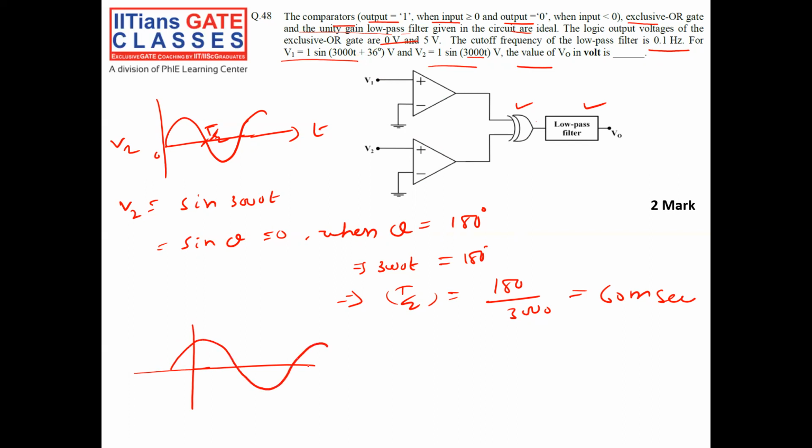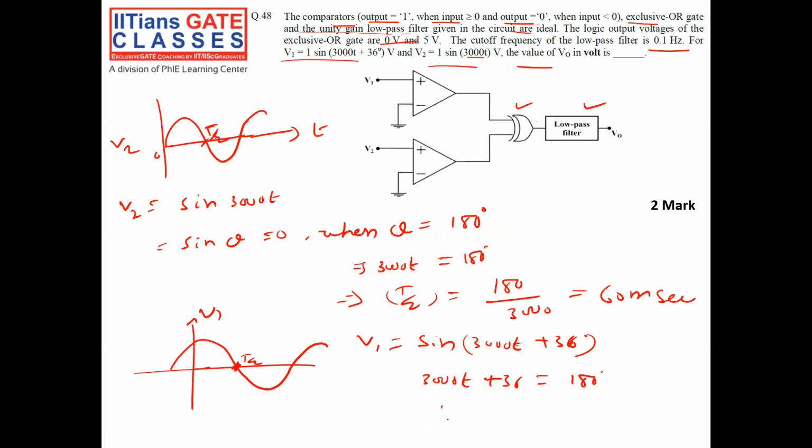It continues like this, right? This is V1. So V1 is equal to sine 3000 t plus 36 degree. So it will be 0 here, at t by 2, right? Here 3000 into t plus 36 is equal to 180, and only then it will be 0 here.